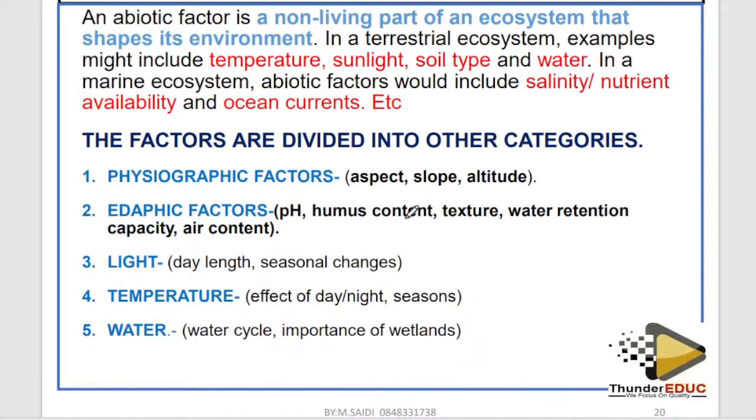But with abiotic factors, we rarely ask about edaphic factors. When we do, we bring maybe the amount of air in the soil in terms of an experiment. But in most cases, in many exams, you find physiographic factors: aspect, slope, and altitude. Please go knowing them.